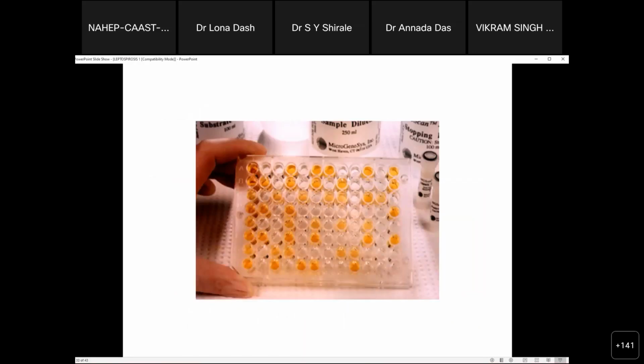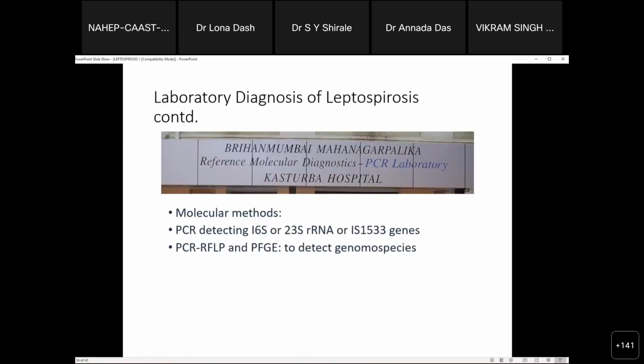The detection of IgM through ELISA also is very useful for identification and confirmation of leptospirosis in the patient sample. This is a date of ELISA. Another important test has been carried out in Mumbai at the Kasturba Hospital, which is the reference molecular diagnostic PCR lab, which started carrying out the molecular PCR tests post the 2005 deluge.